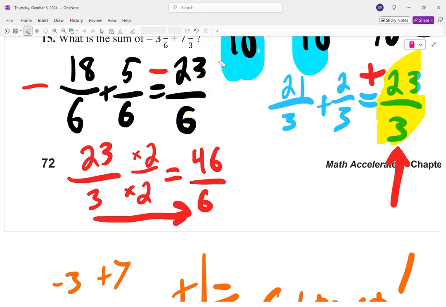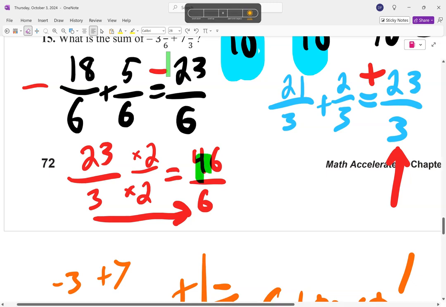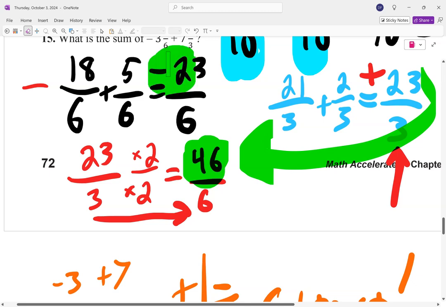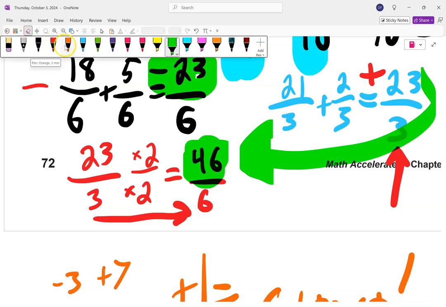I'm going to highlight these green. Okay, so we got 46 positive, which now will become sixths, and 23 negative. Alright, so now we need a good guys, bad guys with this.